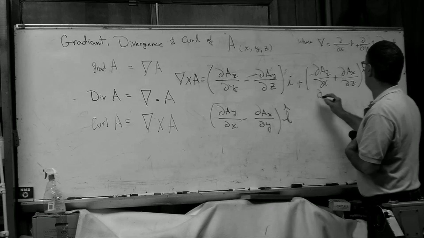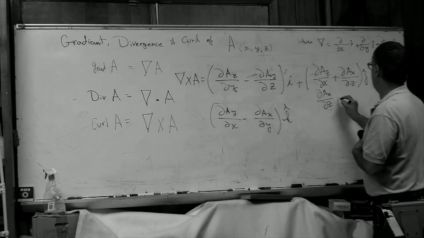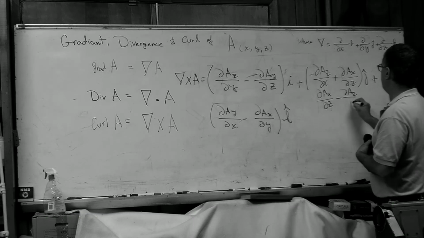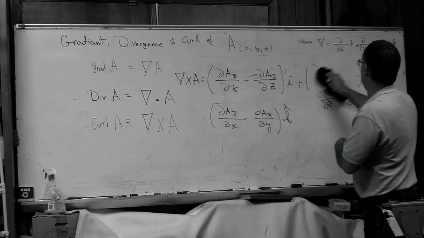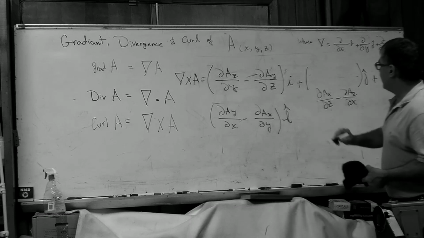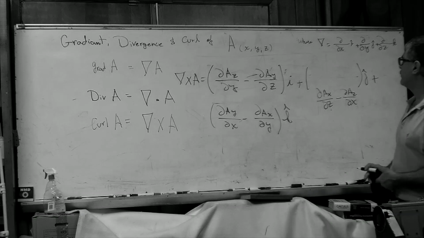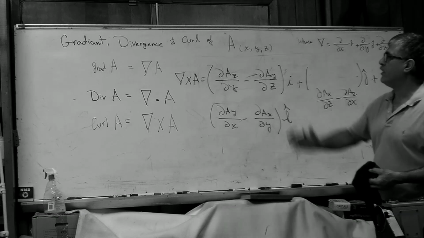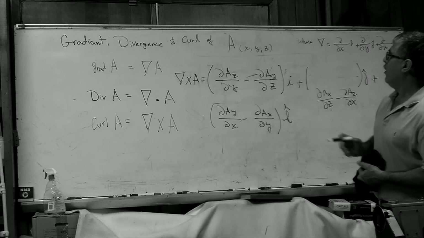They put partial derivative of Ax with respect to z minus partial derivative of Az with respect to x. So you might see it like this in some math handbook. So this is the difference between the gradient, divergence, and curl of A.